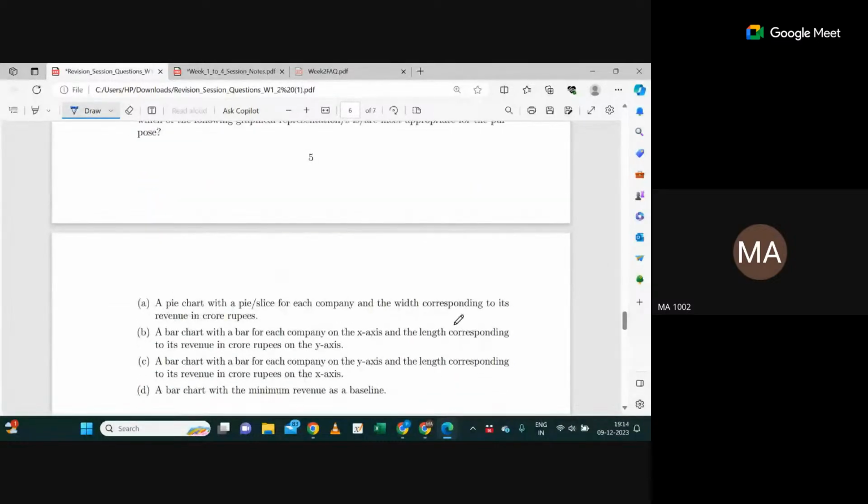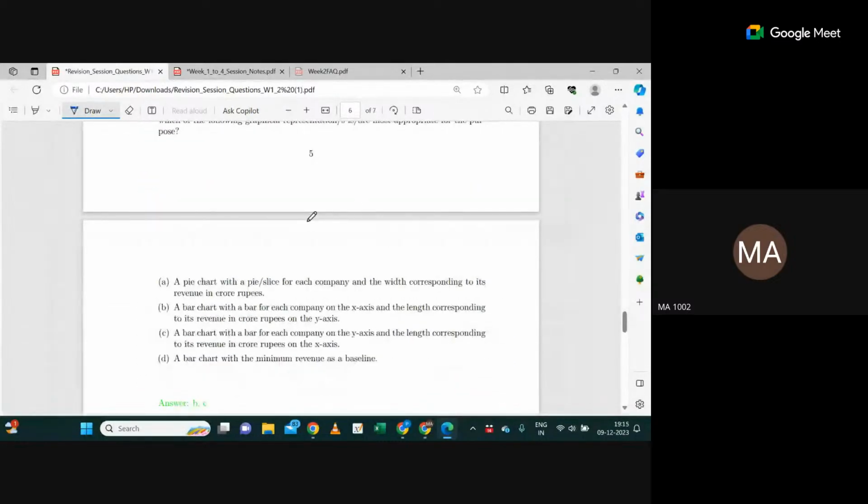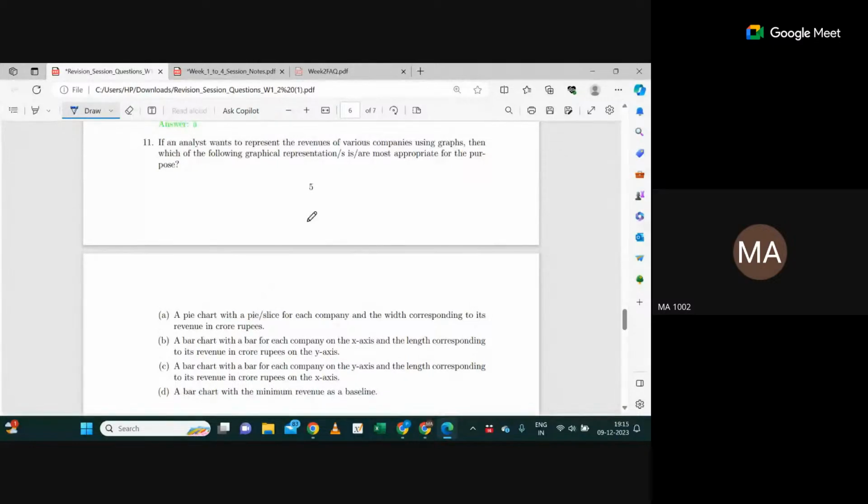Options are: A, a pie chart with a pie slice for each company and the width corresponding to its revenue; B, a bar chart with a bar for each company on the x-axis and the length corresponding to its revenue in crore rupees on the y-axis; option C, a bar chart with a bar for each company on the y-axis and length corresponding to its revenue in crore rupees on the x-axis; and D, a bar chart with the minimum revenue as a baseline. Tell me which option should be correct.